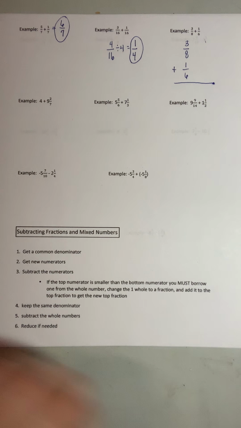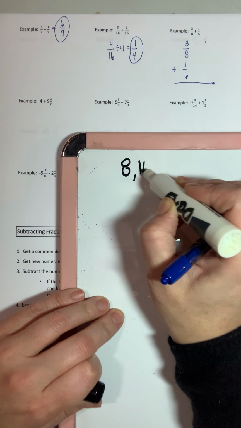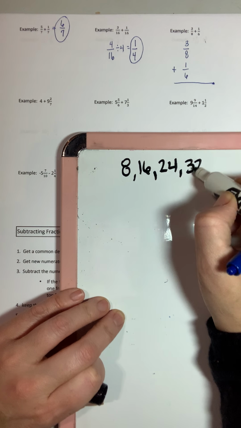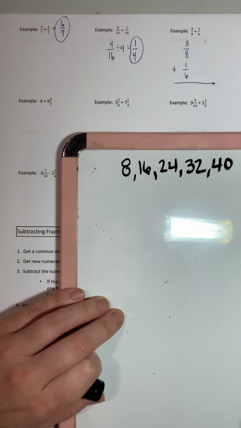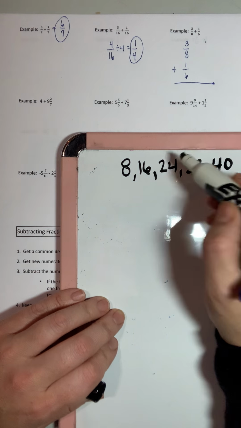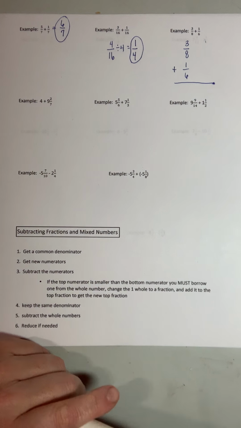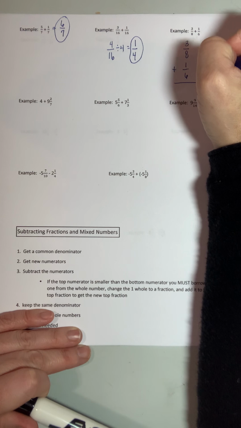So those numbers would be 8, 16, 24, 32, 40. Of all of these numbers, is there a number that 6 can also go into? And the answer would be 24. So I'm going to use 24 as my common denominator.